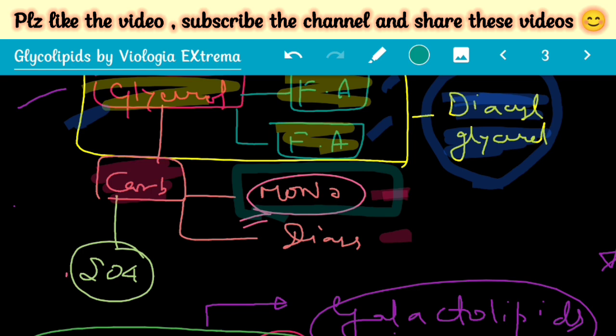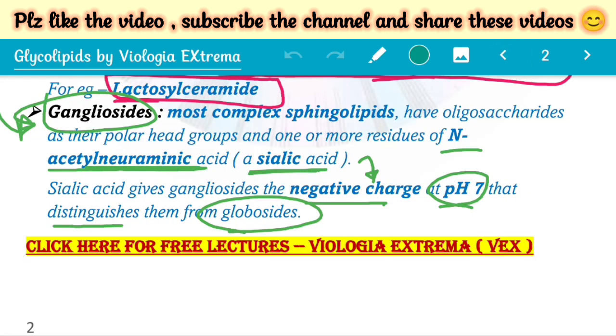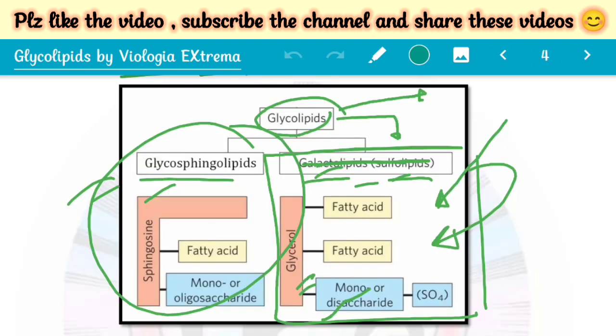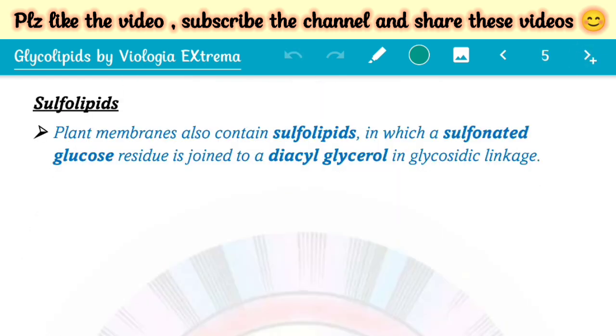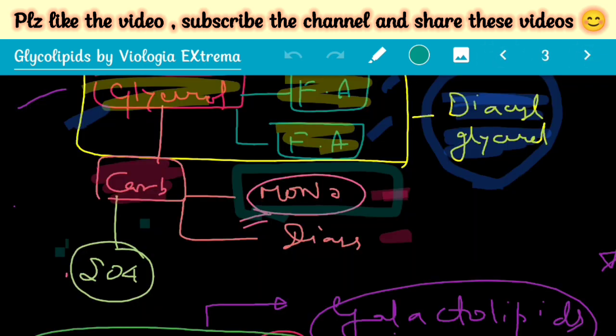Also, from this structure we might think that the sulfur group is going to be compulsory, but it is not compulsory. Clear? They can be sulfonated too. The carbohydrate can be sulfonated too.